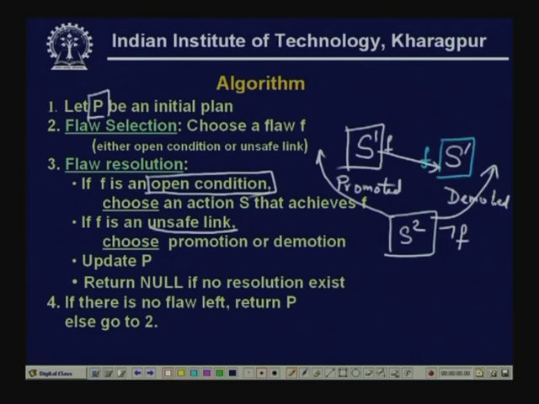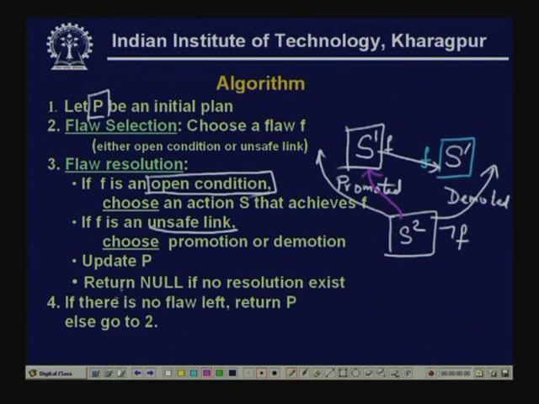Now, after we have done that, we must update the partial plan. So, if we promote S2, then we must add a causal link from S2 to S1. If I put S2 after S prime, then we must add a precedence link from S prime to S2.